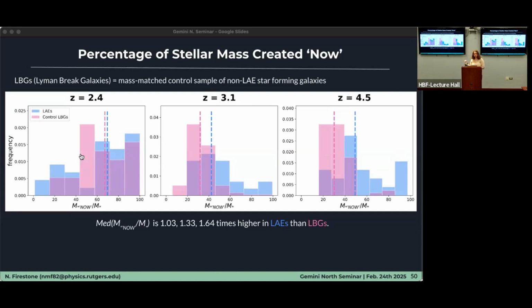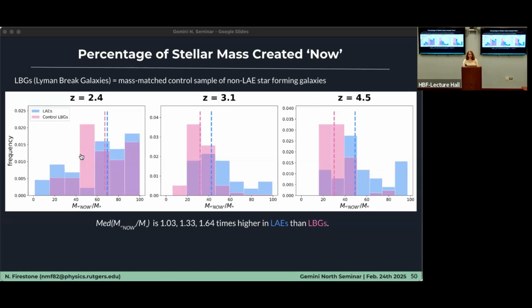And we compare this percentage of stellar mass for LAEs to the same metric for a sample of Lyman break galaxies, which is essentially just a mass-matched control sample of non-LAE star-forming galaxies. The LAEs are in blue here, and then we have the control LBG sample in pink.